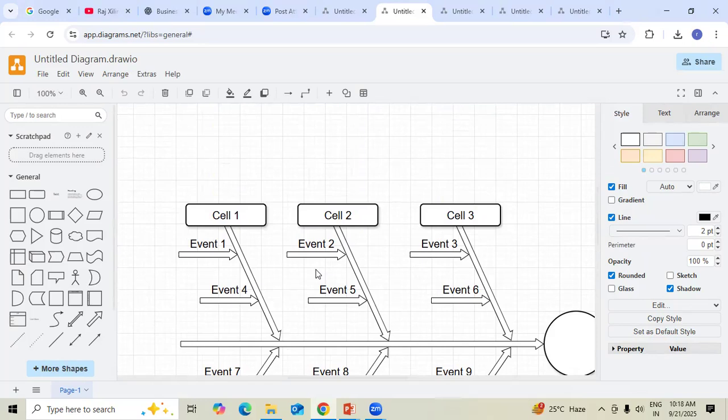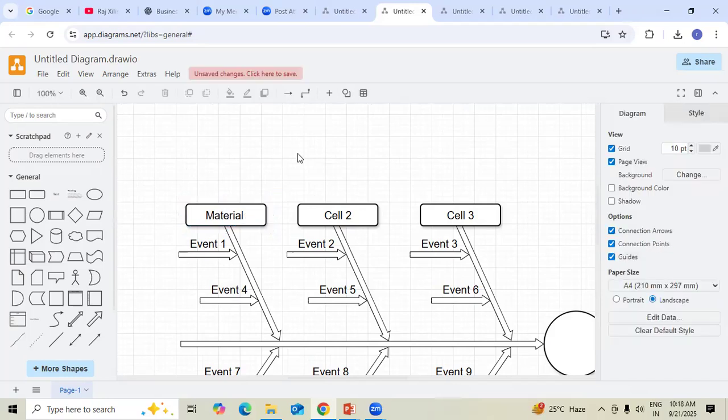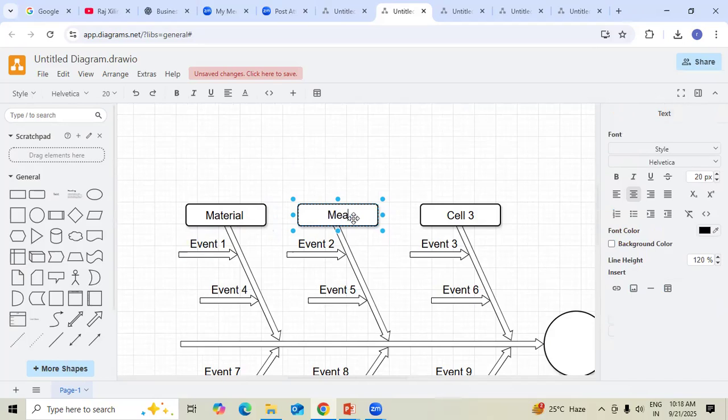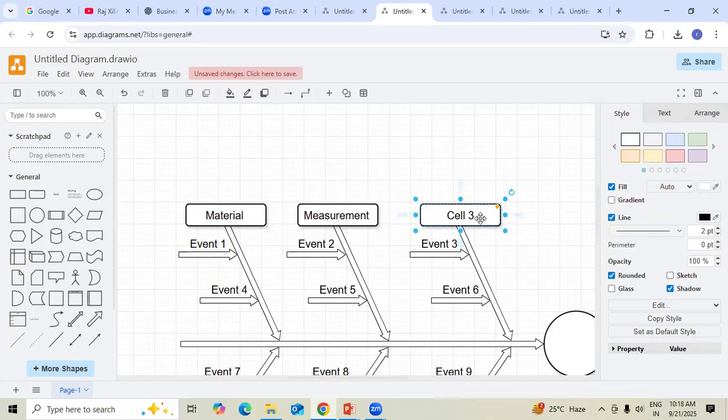First of all, we need to mention the categories. Let's say, for example, the first cell that we have taken is material. Material is the first one I've taken. Next, measurement. Measurement I have taken. Next, machine.